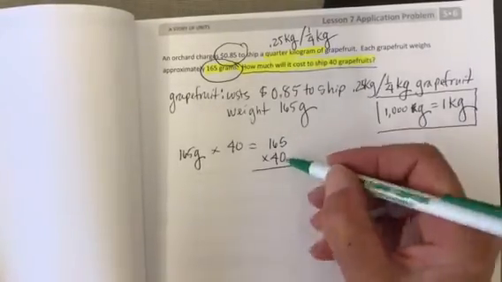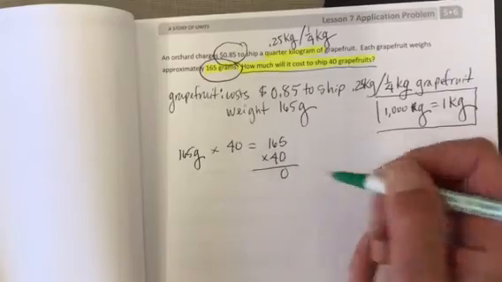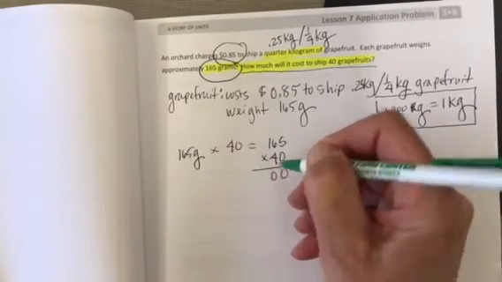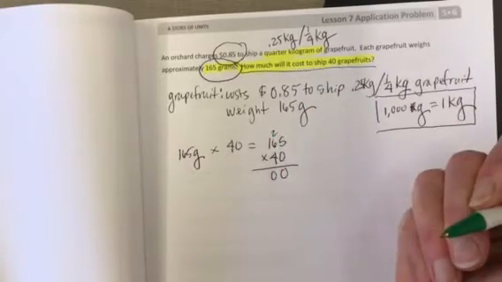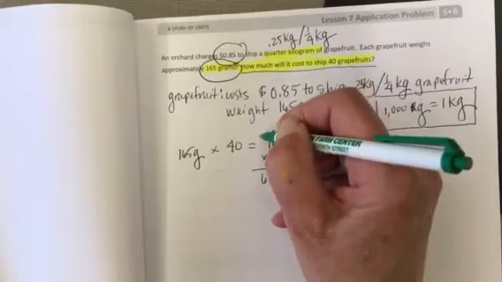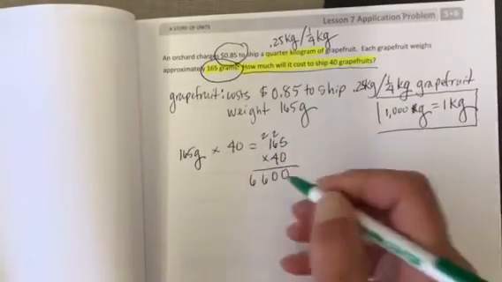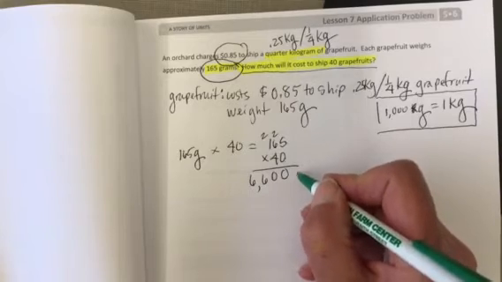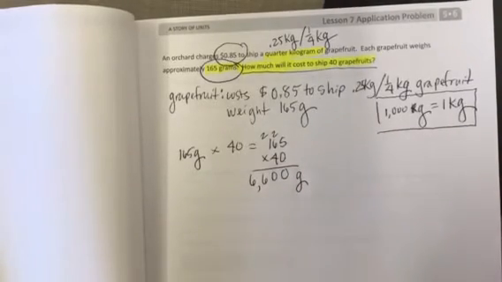With this 0 being in the ones place, I just bring it on down, then I move to the next number. 5 times 4 is 20. Carry the 2. 6 times 4 is 24, plus 2 is 26. Carry my 2, and that's 6. So that would be 6,600 grams.